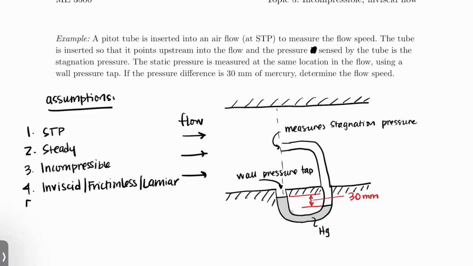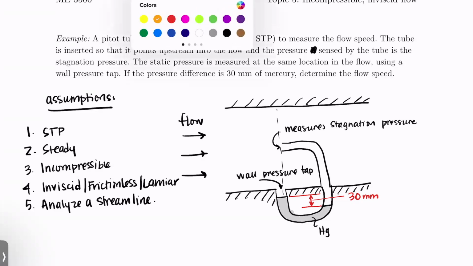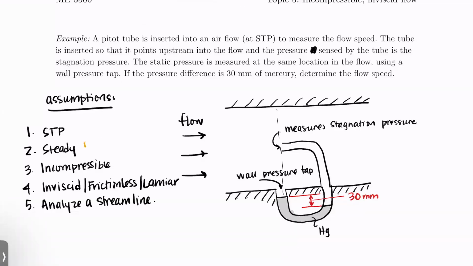And then we're also going to make an assumption that we're going to analyze a streamline. All right. So because we said it's steady, incompressible, inviscid, and along a streamline, that means that Bernoulli is okay.